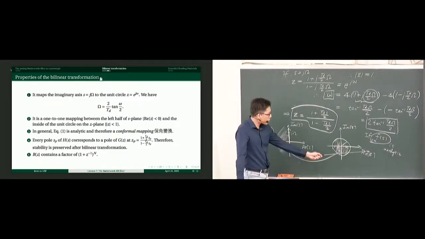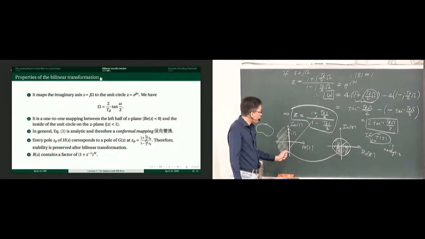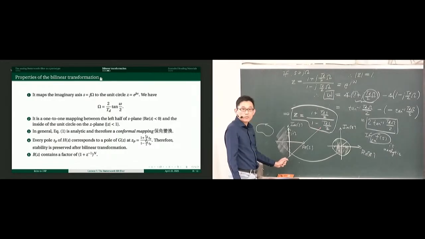If you have a differentiable function, it is differentiable almost everywhere except at the pole location, okay? But everywhere else, z is a differentiable function with respect to s. 对 s 是可微分的。Here, really everything is complex numbers.